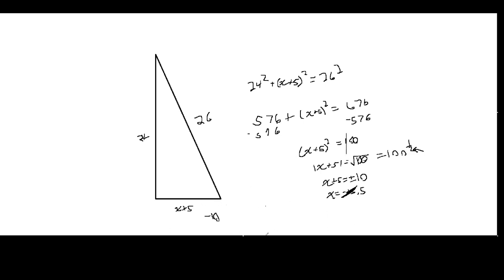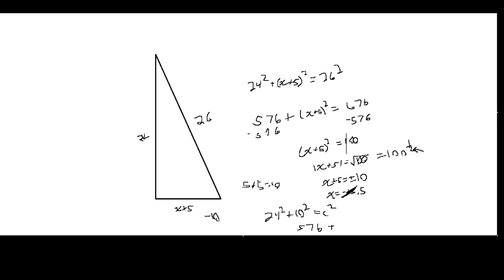And we can verify this, right? So 24 squared plus 10 squared, because if we plug in 5 for x, then we have 5 plus 5 equals 10. So 24 squared plus 10 squared equals, and I'm just going to put c in for 26 because we're assuming we don't know it, so c squared.